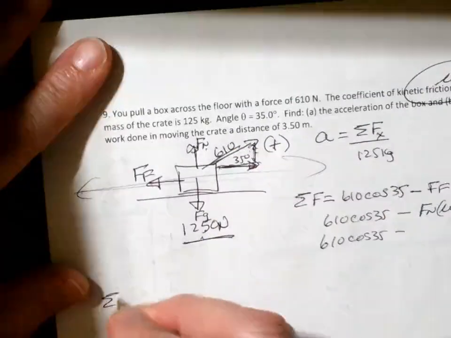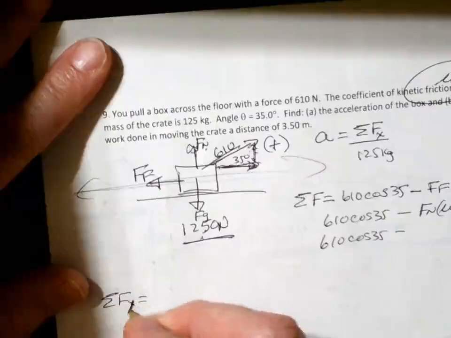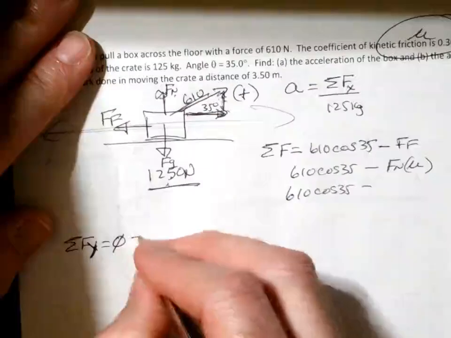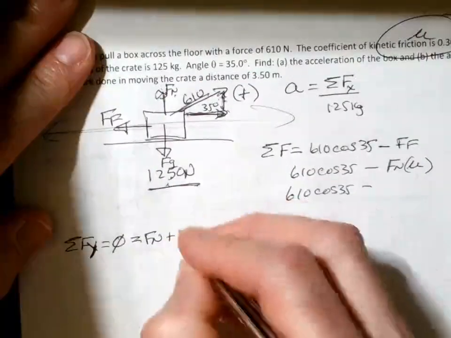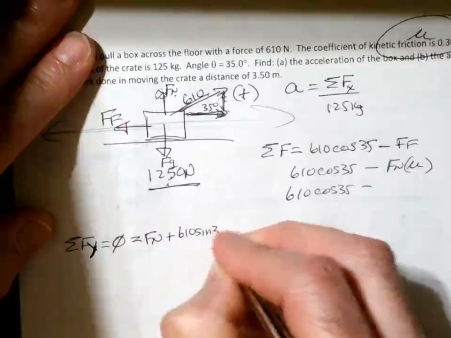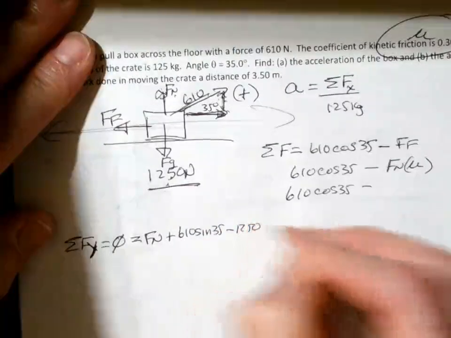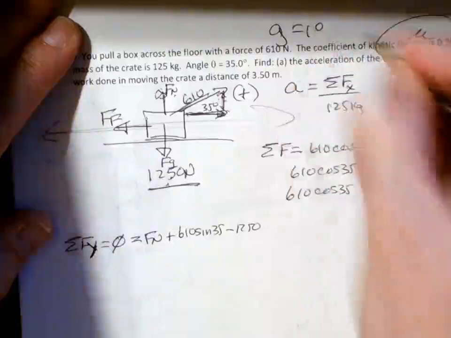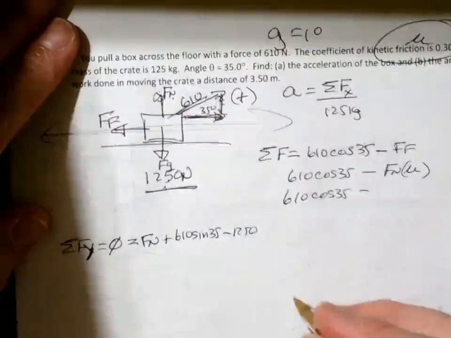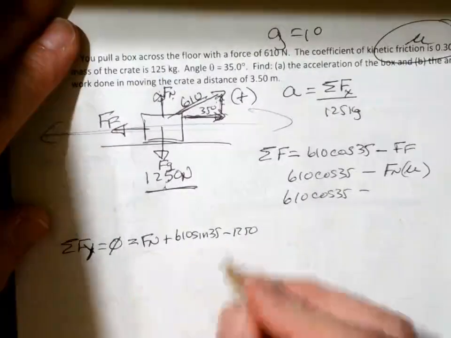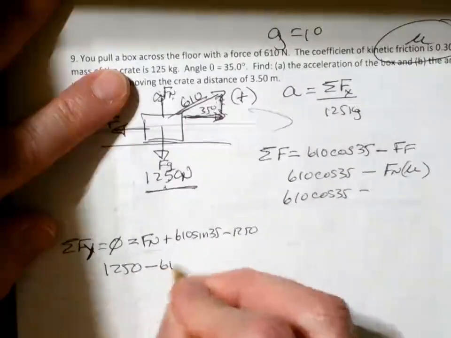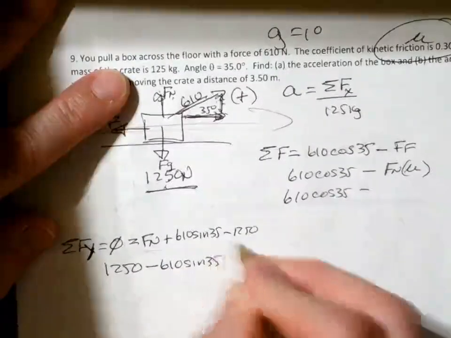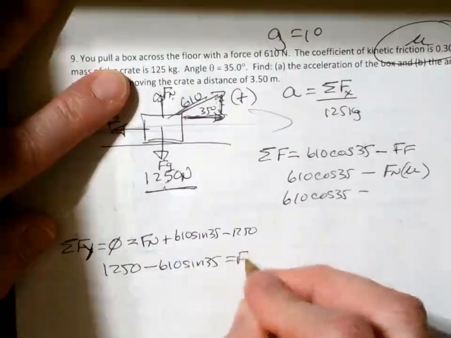So in the y direction, the net force is equal to 0 because it's not moving in the y direction. And so up we have normal force plus 610 sine of 35 minus 1250. We're using g equals 10 because we're big boys and girls. The normal force is the only thing we don't know. We can say 1250 minus 610 sine of 35, I just moved everything over, is equal to the normal force.